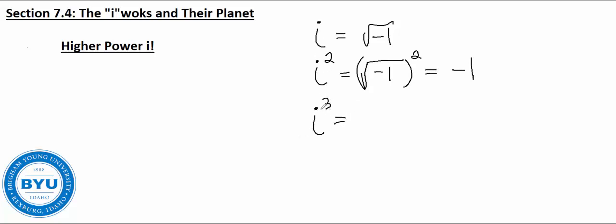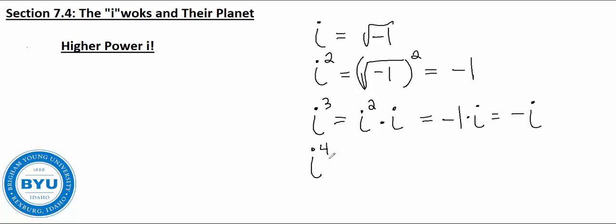One way to deal with these is to write out all the i's. So I would go i times i times i. And I know that this part is negative 1, i squared, right? We could even write it as i squared times i. And I know i squared is negative 1. And so negative 1 times this other i would get us negative i.